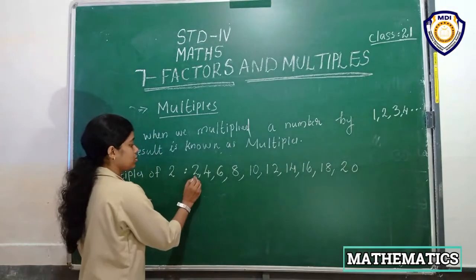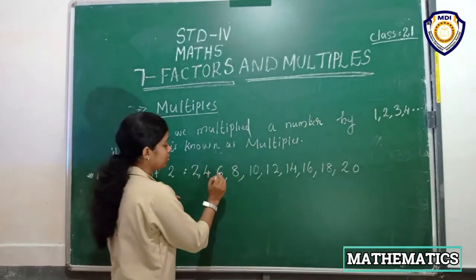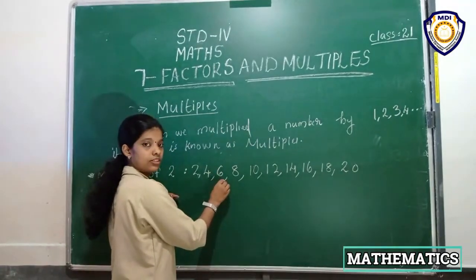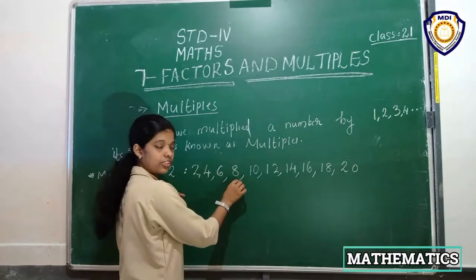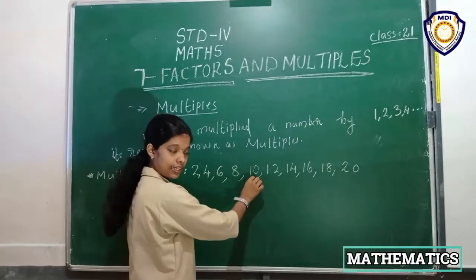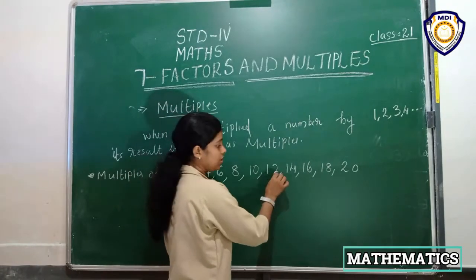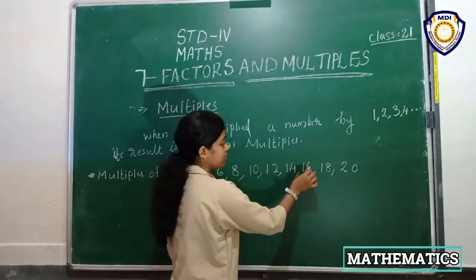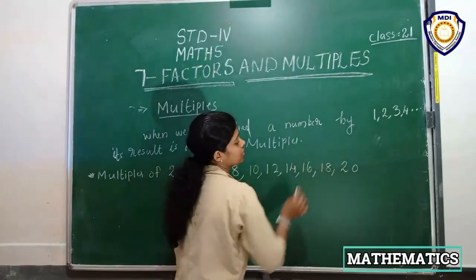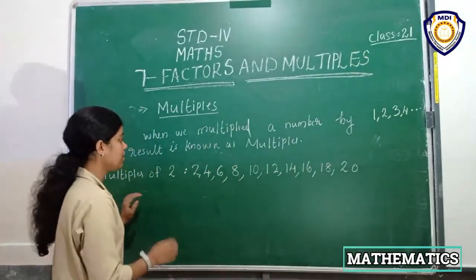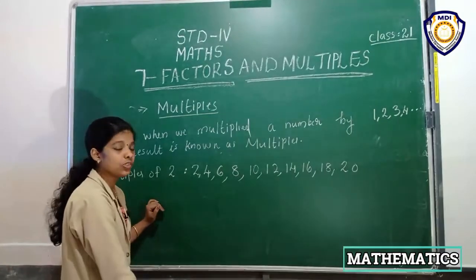1 two is 2, 2 twos are 4, 2 threes are 6, 2 fours are 8, 2 fives are 10, 2 sixes are 12, 2 sevens are 14, 2 eights are 16, 2 nines are 18, 2 tens are 20. This is the first 10 multiples of 2.